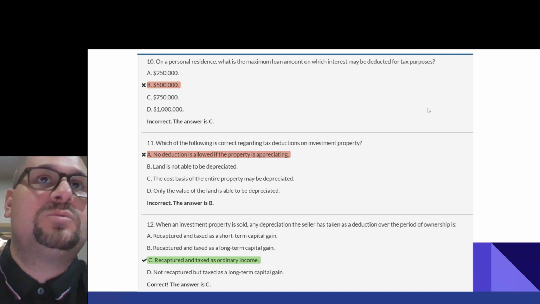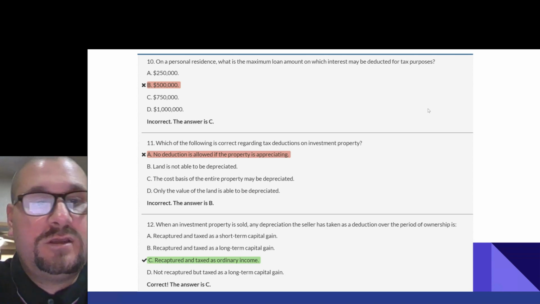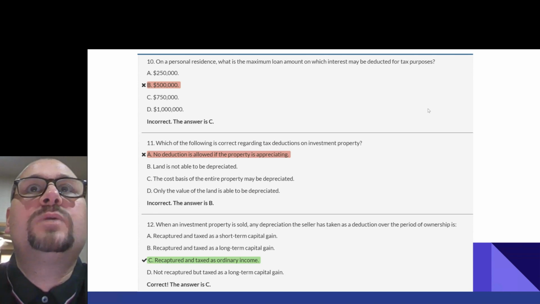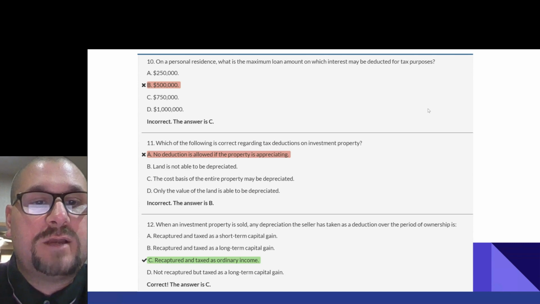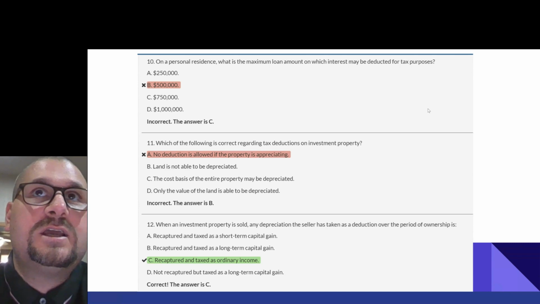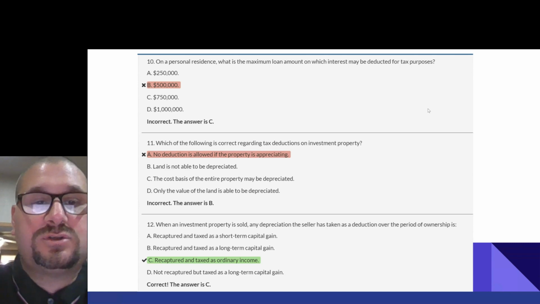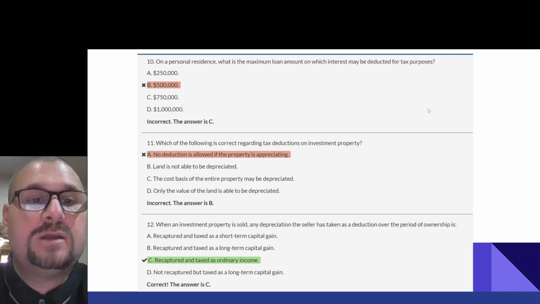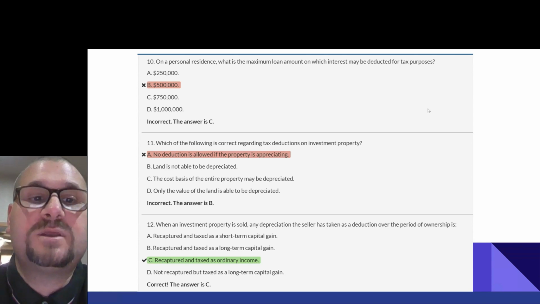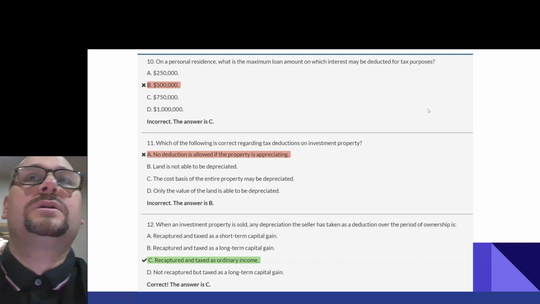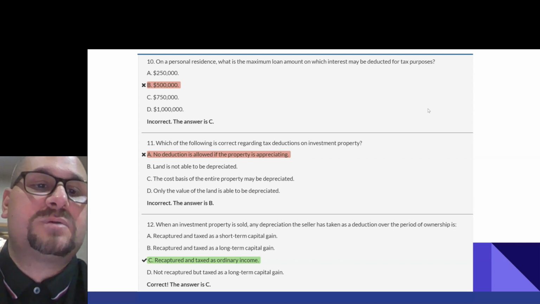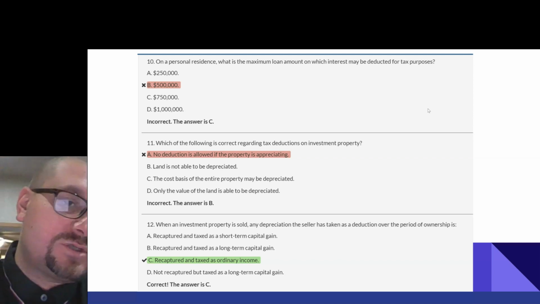So this one throws everyone off, right? Because they think, oh, when I'm depreciating it... Again, this doesn't apply to a personal property. It's an investment property. That's why it's important to tell your tax person up front, is this investment or is it personal?